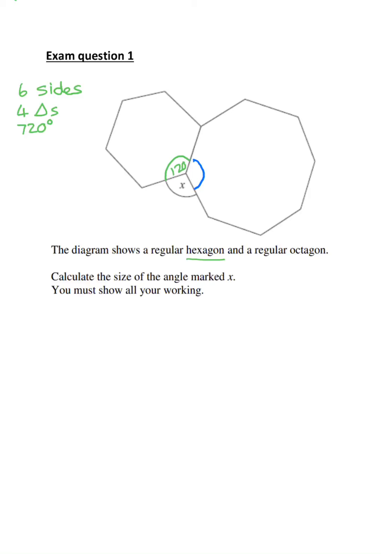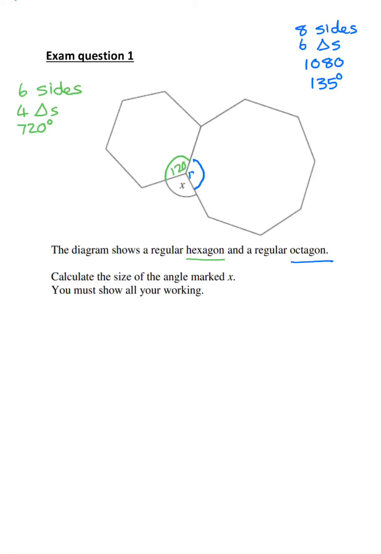In the same way, I could calculate one angle of an octagon. An octagon has 8 sides. An 8-sided shape can be split into 6 triangles. And each triangle is 180 degrees. So if I do 6 lots of 180, that gives me 1080. But that's all together. I want to know the size of each angle. So each angle is 135 degrees.